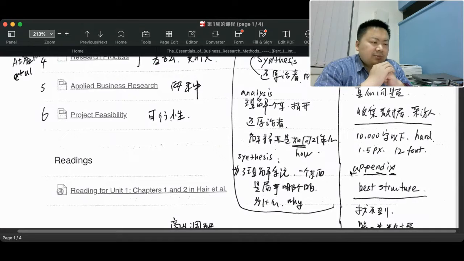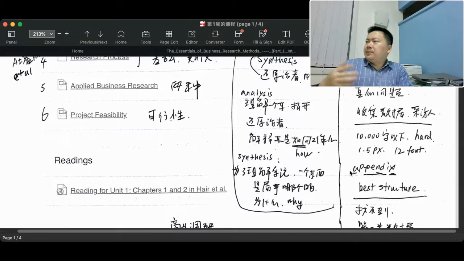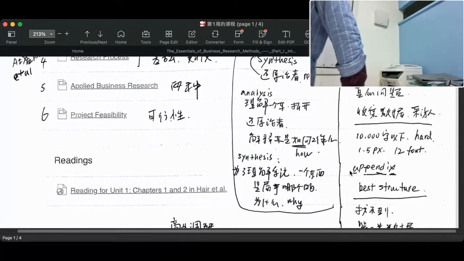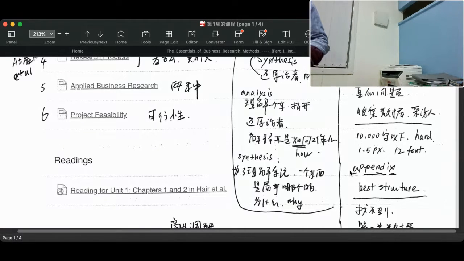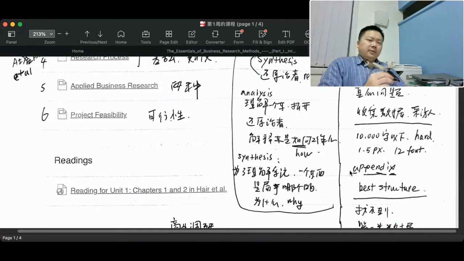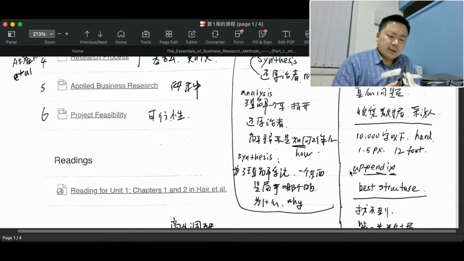They used an example of a car, or maybe I can use another example, like this toy helicopter.